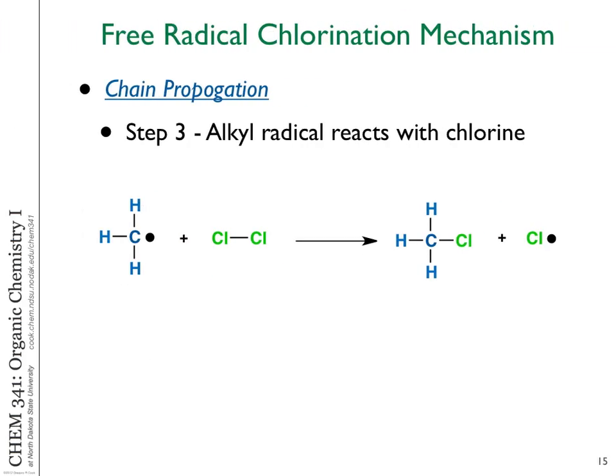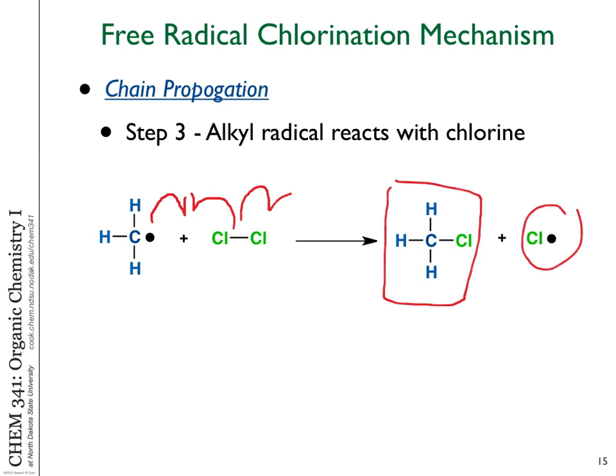How do you get the chlorine on? We've broken the CH bond. Now we have to get the chlorine on. And so what can happen is that the new reactive carbon radical can react with chlorine to form a new bond, one electron each. And that breaks to form another chlorine radical. So here's our organic product. We've generated still a free radical.